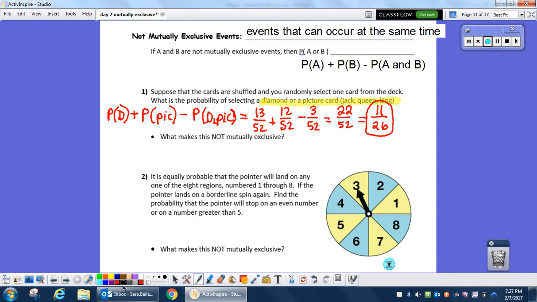So again, we will help you figure out these numbers, but you will have to figure out what formula to use and when. Okay? So what makes this not mutually exclusive is you have a Jack of Diamonds, which means you also have a Queen of Diamonds.